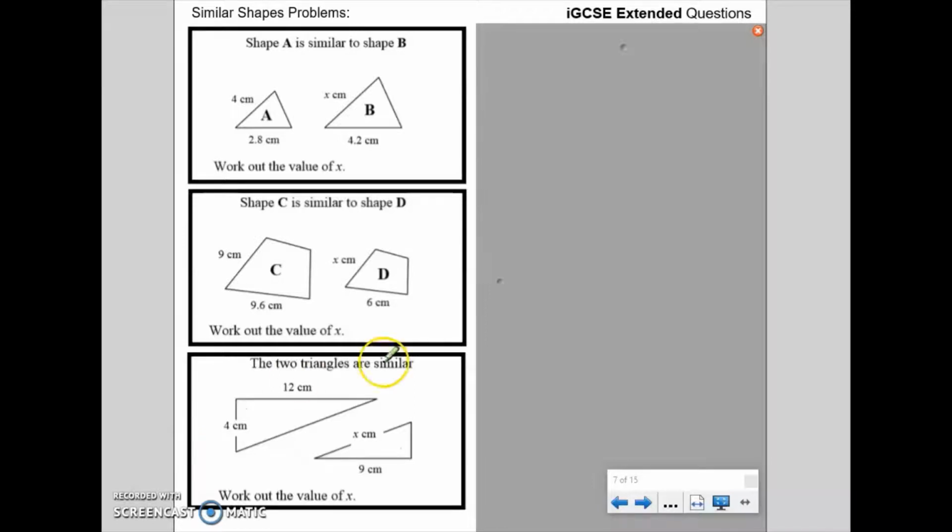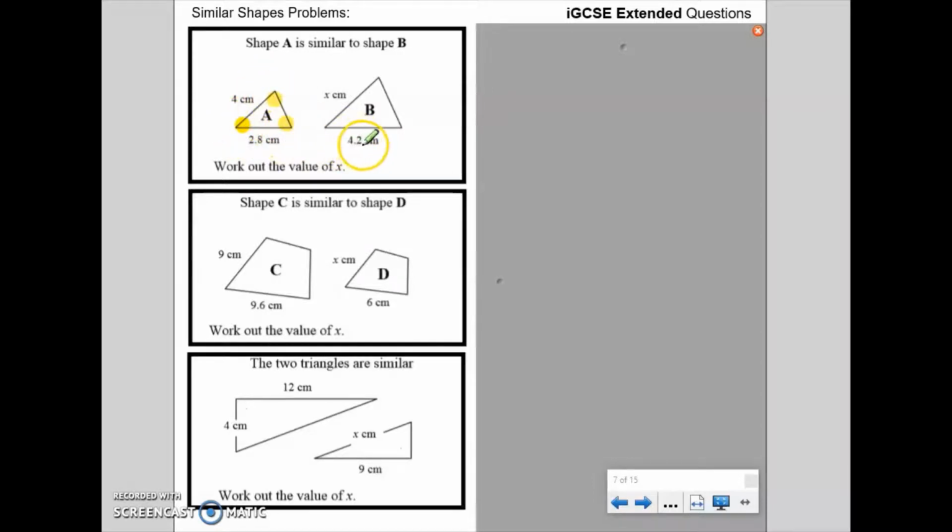Okay, welcome back. We'll just talk through question 1. So we have a corresponding length here, 2.8 and 4.2. We know we're dealing with similar shapes because the question tells us they're similar, which means all 3 angles are identical, but the lengths of the sides may differ.